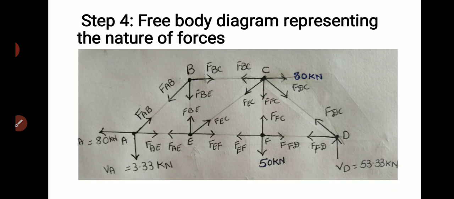This is the pictorial representation of all the forces at each joint, in tension. As I said, VA came out in the negative direction, so I have changed its direction. Here VA is in the downward direction since it is a negative force, and VD is in the positive direction, so it is in the upward direction.